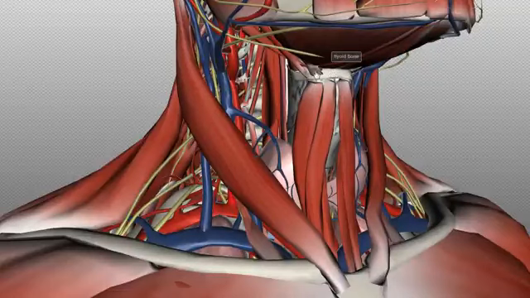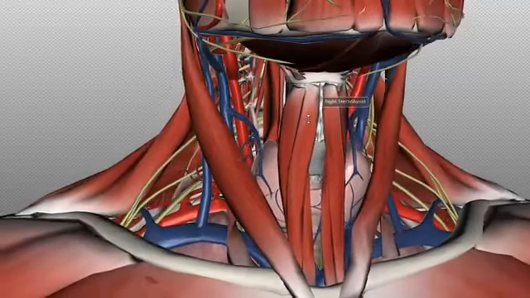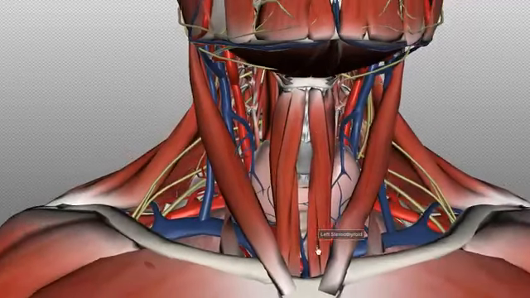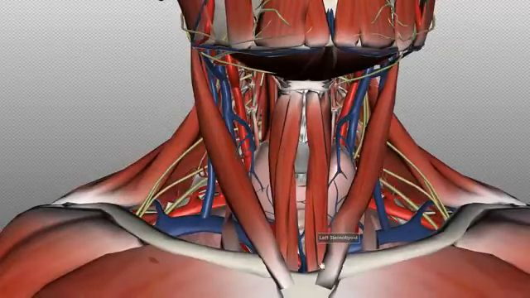Muscles above it are called the suprahyoid muscles, and these run in the anterior triangle. And you've got these muscles below the hyoid bone, so these are the infrahyoid muscles. These infrahyoid muscles are also called strap muscles because of their appearance. I guess they look like a strap, so these are the strap muscles.